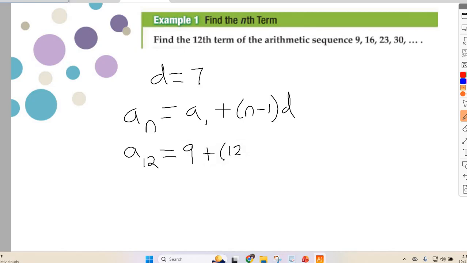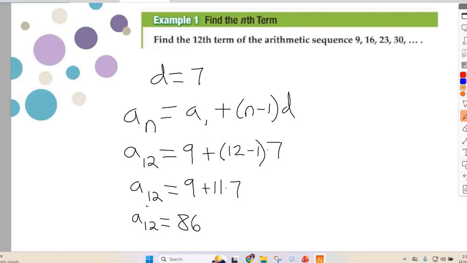Again, we want the 12th term, and we said that our common difference was 7. So we get 11 times 7, which gives us 77, and then we're adding 9, so we get 86. So that would be our answer.